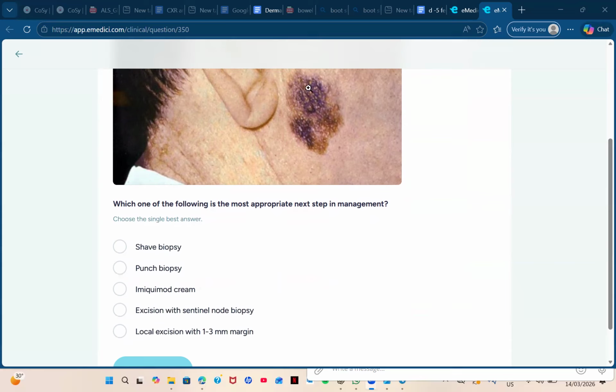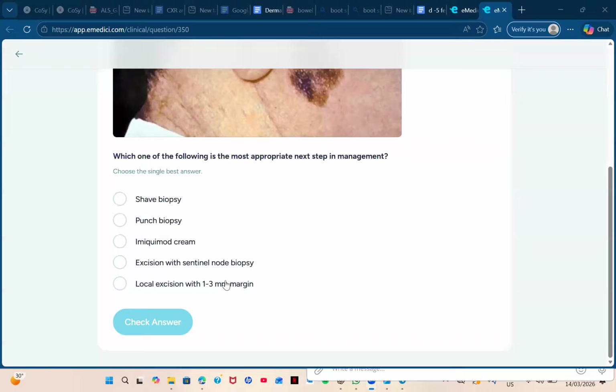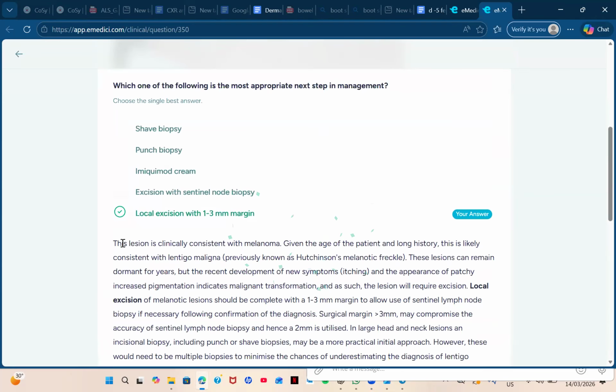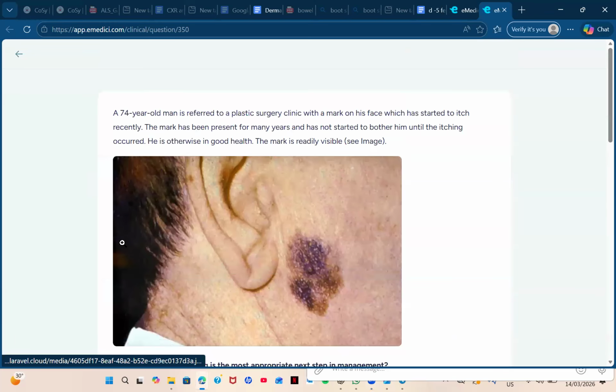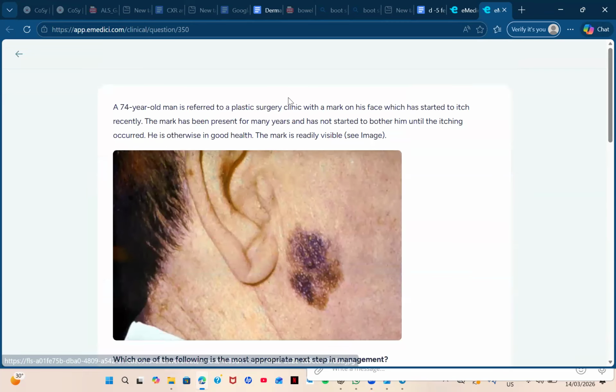Type your answers. Yes, you are correct, doctors. So what is the problem here? I know your problem is why 1 to 3 millimeter, right?